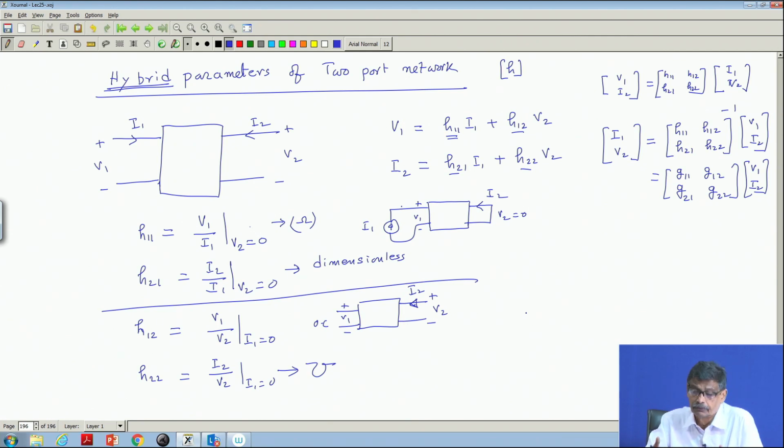Now, the question is when to use which one to represent a two port network, Z parameter, Y parameter or H parameter, which will be convenient. We know it depends upon the situation. Right now I am not telling that, but these are the various combinations in which input port voltage and current and output port voltage and current can be expressed.